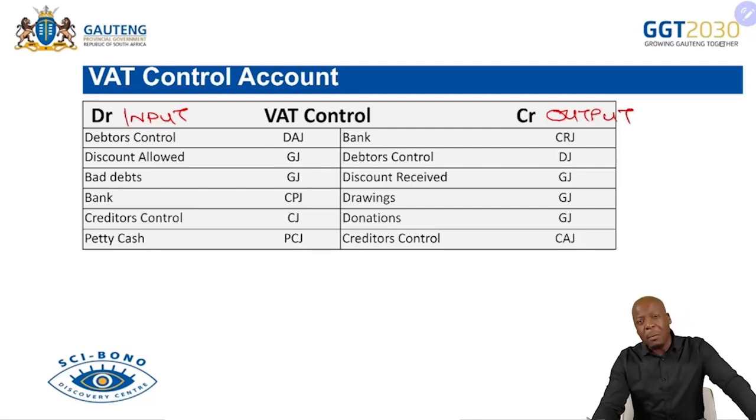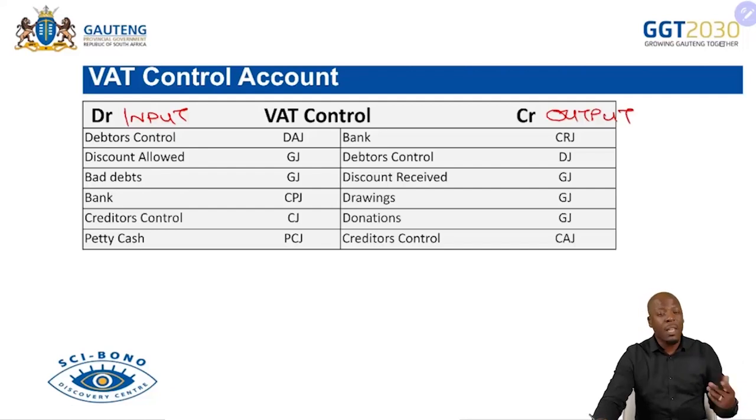It is very important, dear learners, that you get to understand that when we are determining whether goods are going into the input or to the output, it is easier if we follow the goods and not the money. What I'm saying is, if you want to know whether sales is input or output, look at the direction which goods are taking.